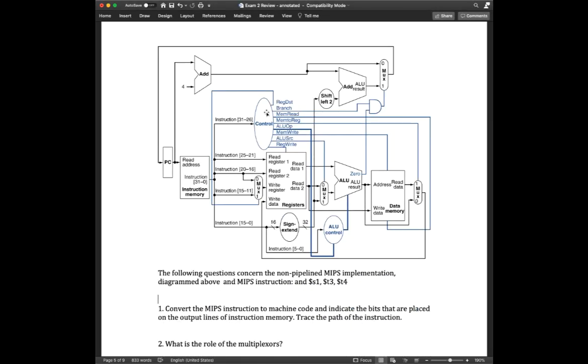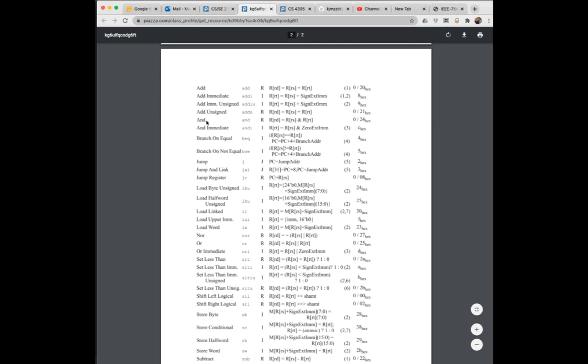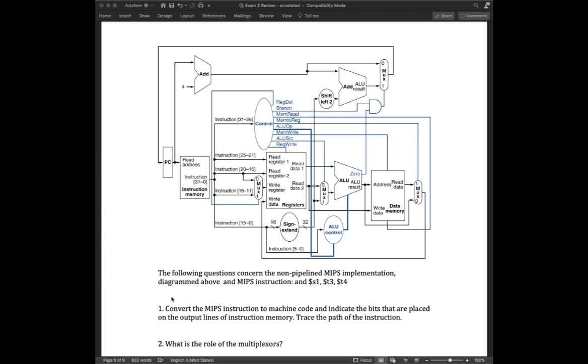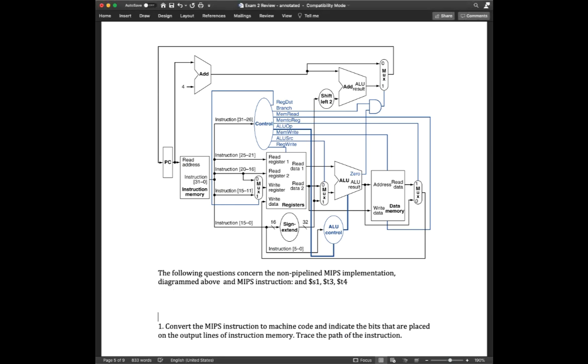All right, here we have our non-pipelined implementation. And what I'm asking you here is to convert this AND into the binary, into the machine code. So again, I can look at the review sheet and see that AND has an opcode of 0 and a function code of 24 hex, and of course it's an R type. So I can start converting that to binary.